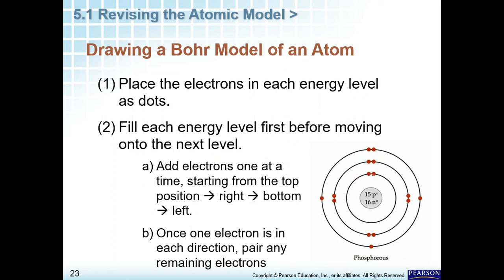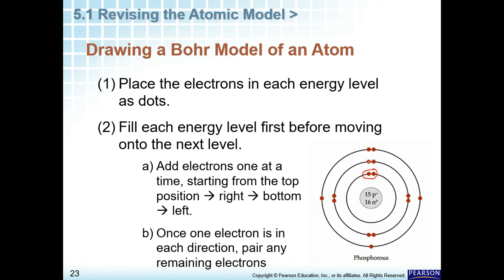So here, this is energy level 1. That's why you see 2 electrons here. Once you fill those 2 electrons, the first energy level can't hold any more. So you have to go to the second energy level, which can hold 8. Now, over here I said add 1 electron at a time.